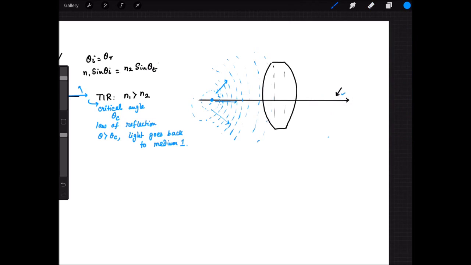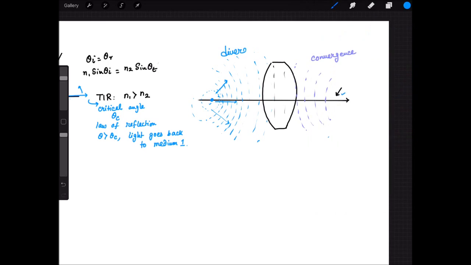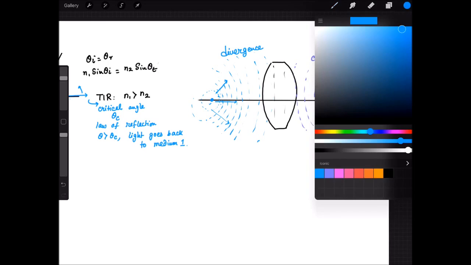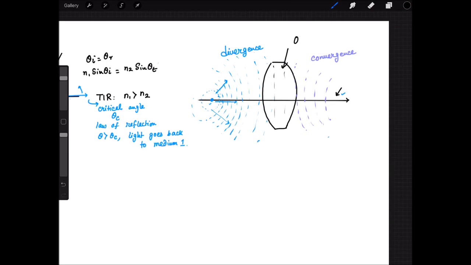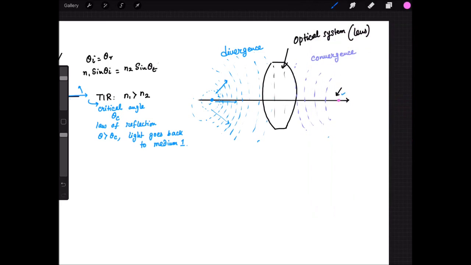These wavefronts interact with the lens, and it collects the light and converges the light. So this is convergence, this is divergence, and this is your optics, in this case a lens. And you have all the light coming back to this point.